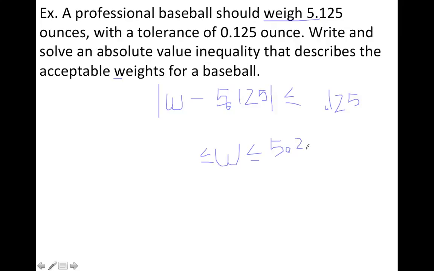Again, this is solving them out, writing out your two equations, or two inequalities. Remember, your second one must switch your sign and make this negative. So on the right-hand side, our weight must be greater than or equal to 5. So the acceptable weights for our baseball are between 5 and 5.25.